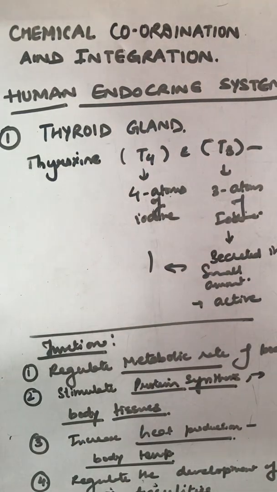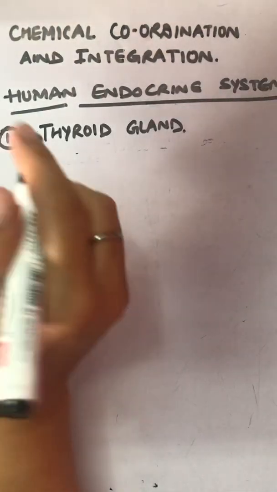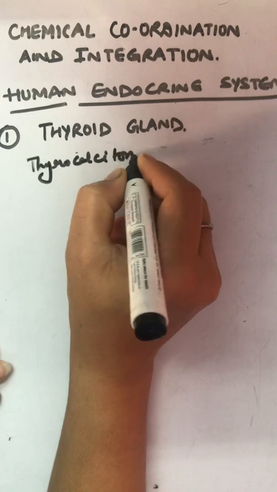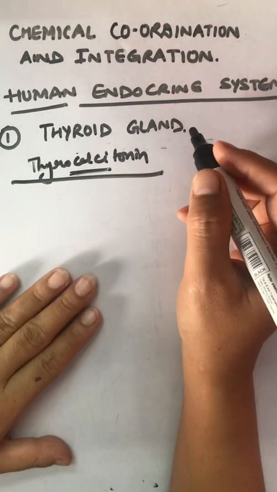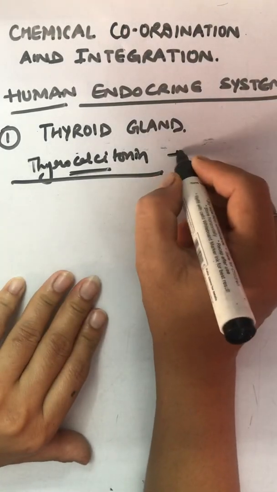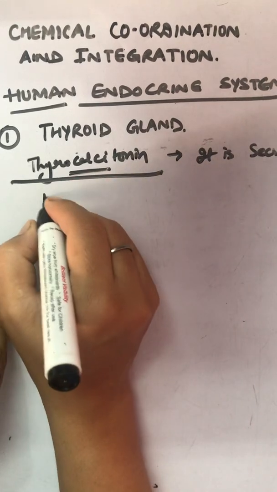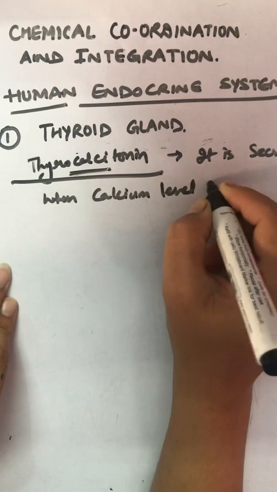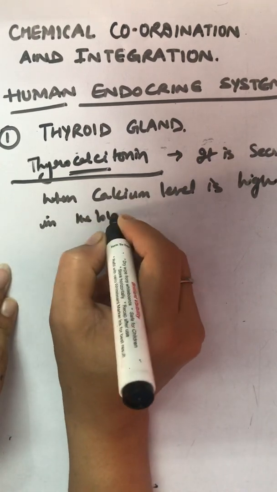Clear? Then is the role by thyrocalcitonin that we have discussed, secreted by C cells. क्या वर्ड आया इसमें? कैल्सी, that means calcium. So it is secreted when calcium level is high in the blood.